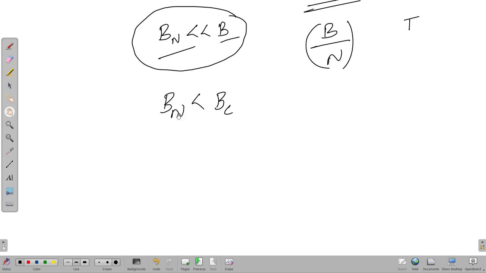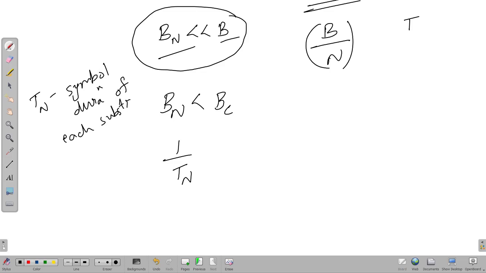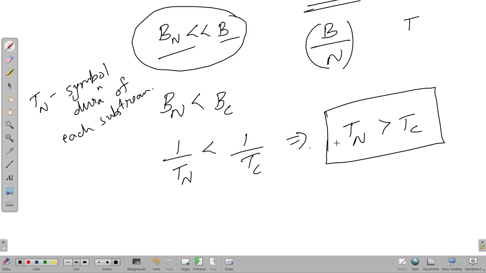So when you write Bn is less than Bc, it means that 1 by Bn, which is proportional to Tn, where Tn is the symbol duration of each substream, is less than 1 divided by Tc, the coherence time of the channel, which means that Tn is greater than Tc, and you have this condition for zero inter-symbol interference.